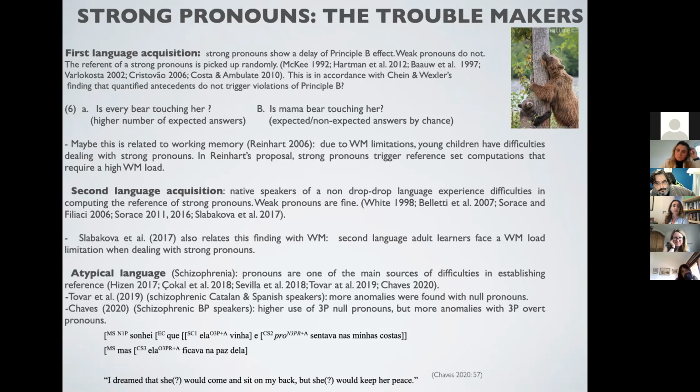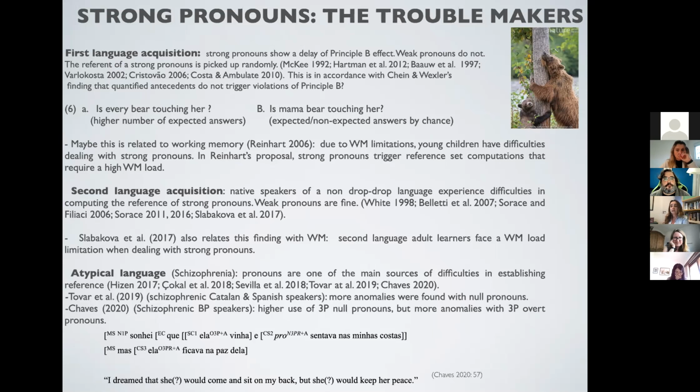So look at the picture I have here. If you ask a kid, is every bear touching her? In this context in which you have a quantified antecedent, kids offer the expected answers at a higher rate. The answer is no, right? Now, if you have B, is Mama Bear touching her?